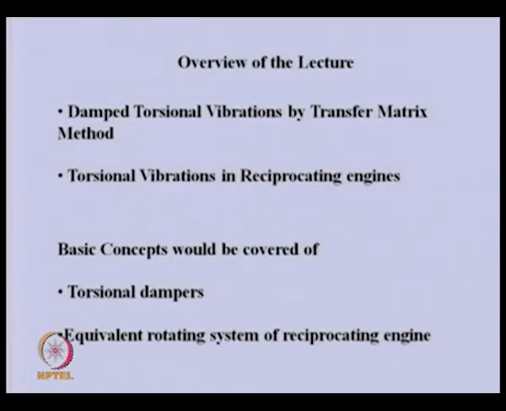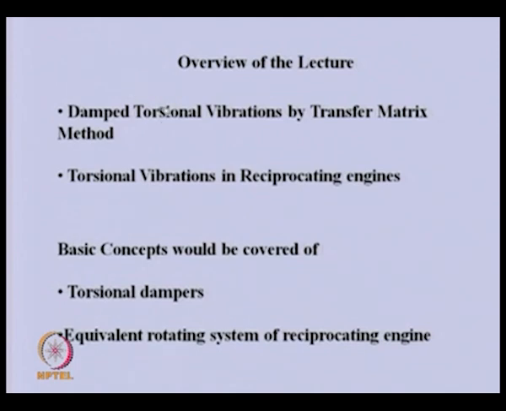So, what would be the change in the point matrix and field matrix if we include damping also in the shaft system or in the disc system? We will see. Now let us see the overview of what we will be covering.